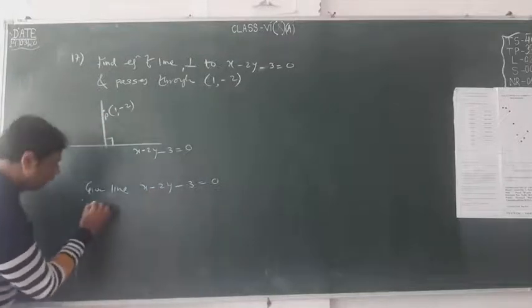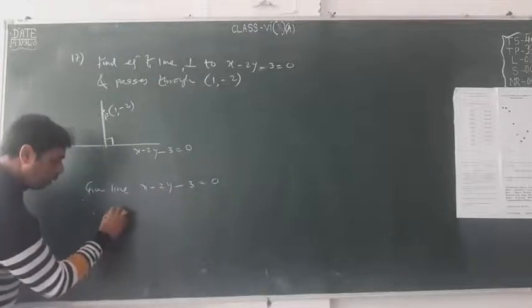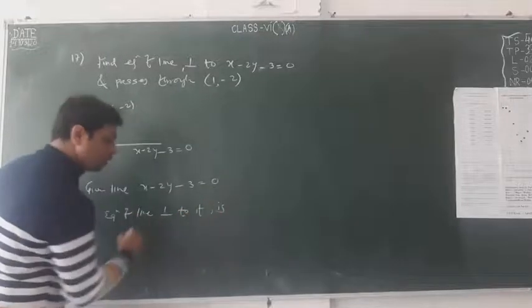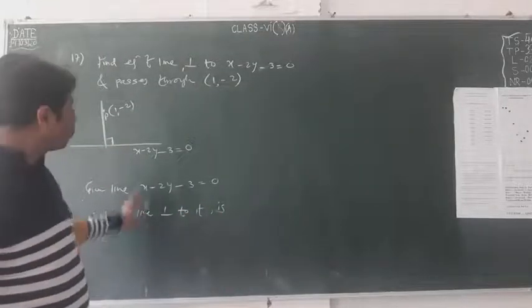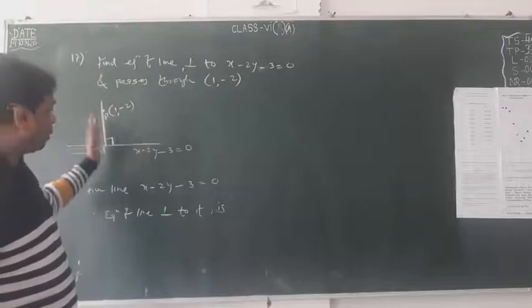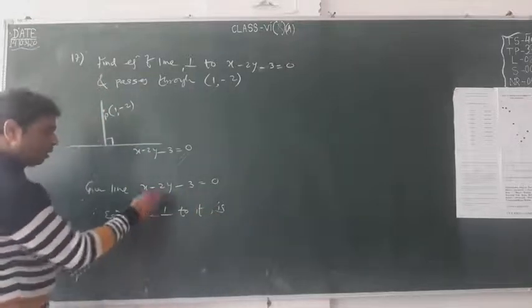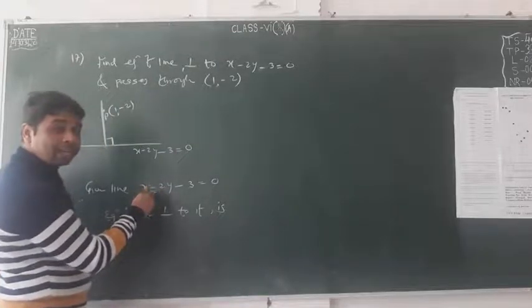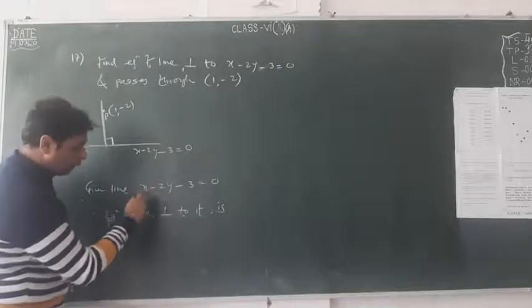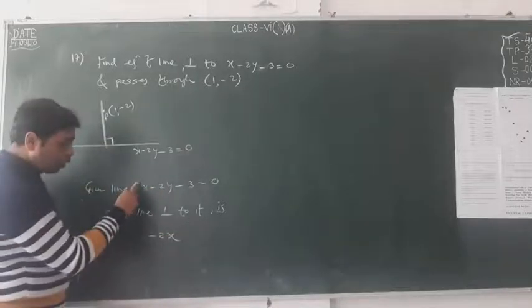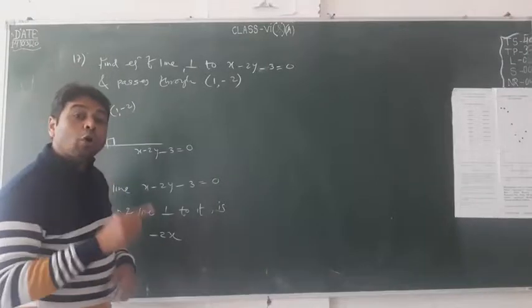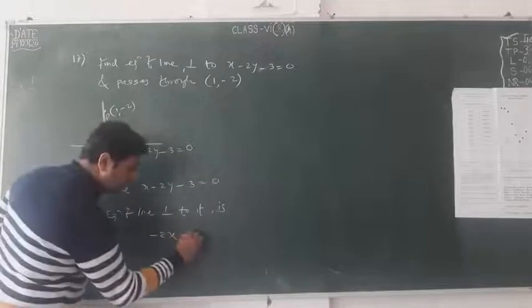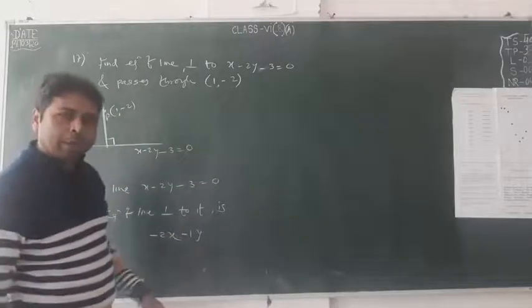Given this line, the equation of the line perpendicular to it is, now I write the answer. It's a tricky answer. The coefficient of x with opposite sign will be written with y. It is plus 1, it is going to be minus 1, y. 1 is not needed, but okay.